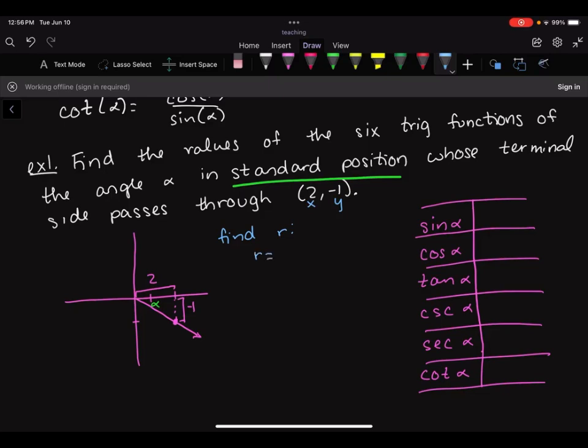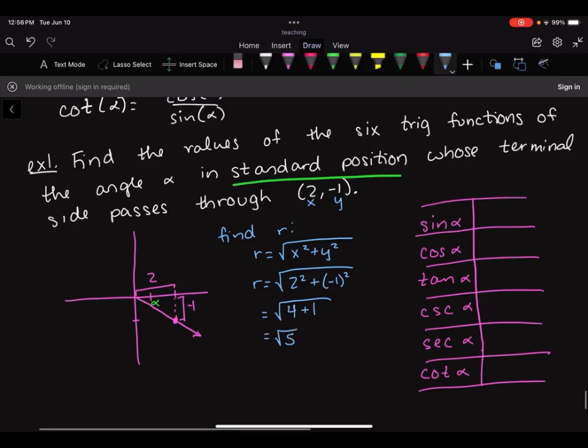So r is equal to the square root of x squared plus y squared. That's just the Pythagorean theorem. So I get square root of 2 squared plus -1 squared. It's going to give me 4 plus 1. So I get square root of 5.